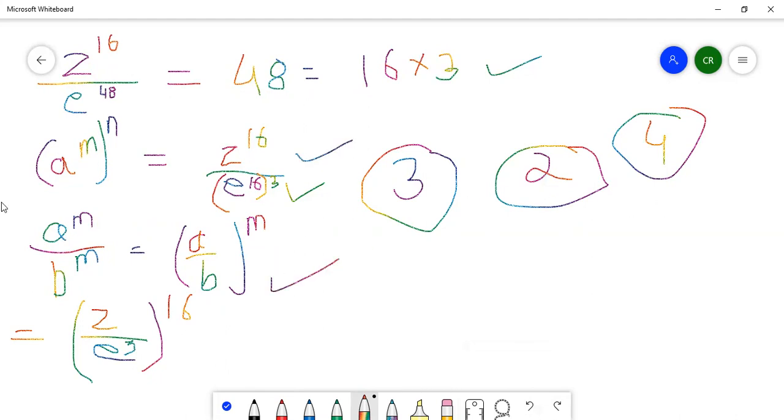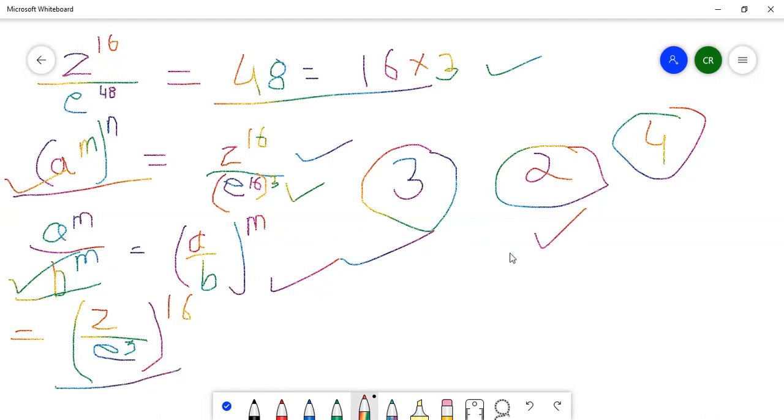If it is for 2 marks, they will check the laws: first law, second law, and if the calculation is correct, you will get 2 marks for sure. If it is for 4 marks, they will check whether the laws are given and the answer is given. Then you get full 4 marks.